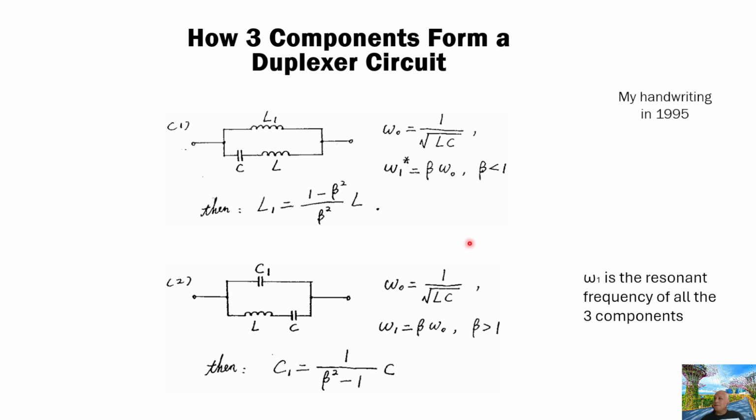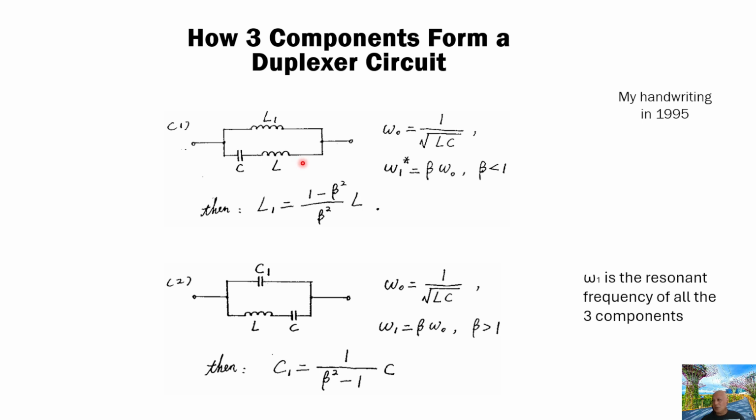So let's see if we use this circuit for the receiver path. Let's say the receiver frequency goes this way. These two, the inductor and the capacitor, are series resonant at the receiver frequency, so the signal can pass to here with very low insertion loss.